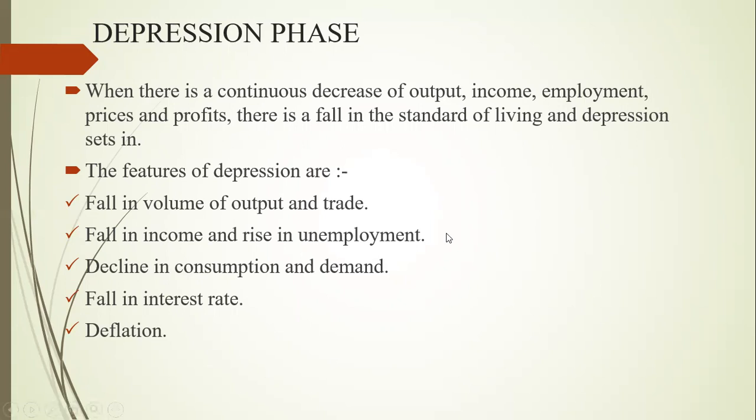Consumption will decrease, obviously, because people don't have enough money in their hand, and demand for goods will also decrease. There is a fall in interest rates, as the government will take some actions and tell banks to reduce the interest rate, so that people can take loans from banks and start their business. And deflation will also be there.